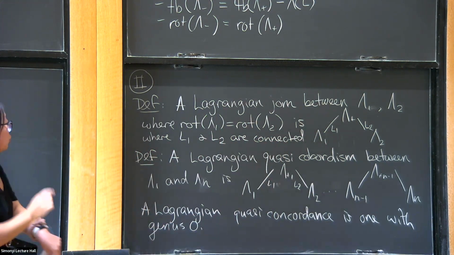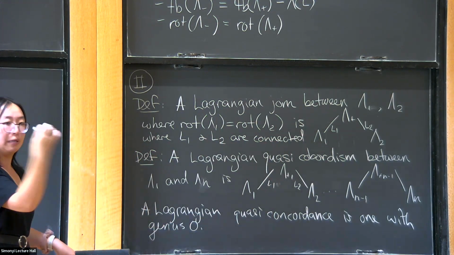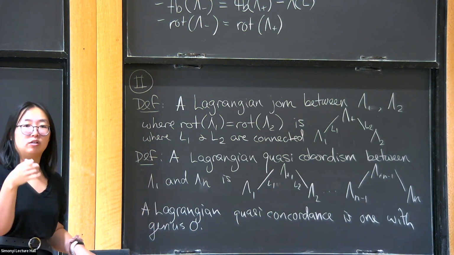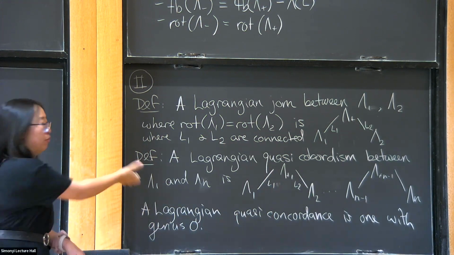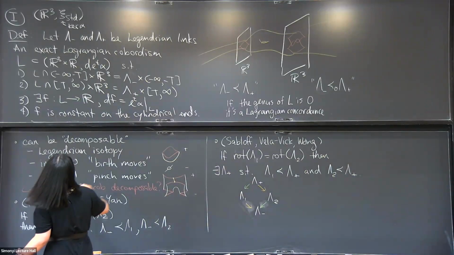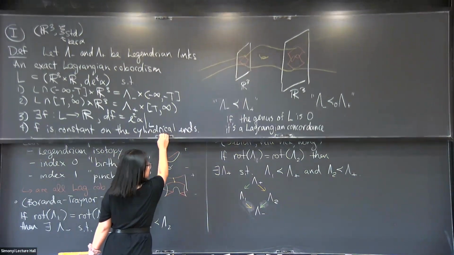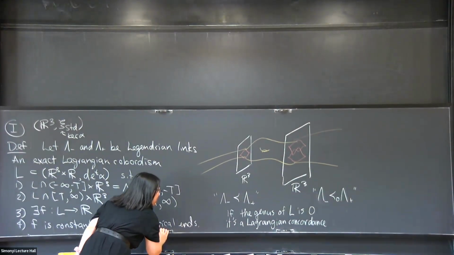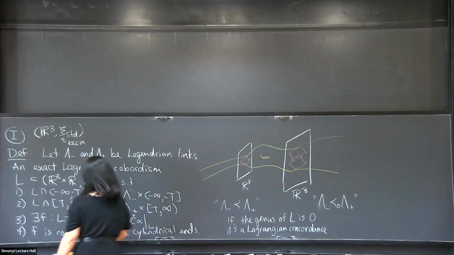So I'm going to require that the individual pieces of the Lagrangian join, and therefore the Lagrangian quasi-cobordism, always be connected. And the reason why I need that is the following.